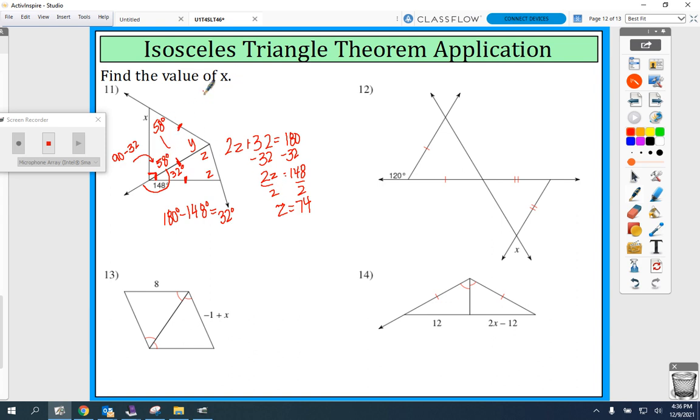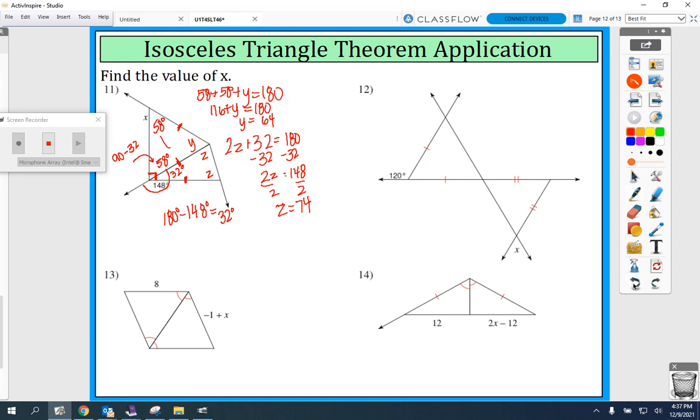So I'm going to say 58 plus 58 plus y equals 180. Add those together, I get 116 plus y equals 180. So y is going to be equal to 64. So if this one's 64 degrees right here, actually, why don't I just do this?